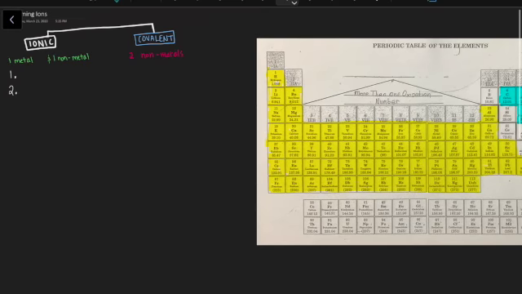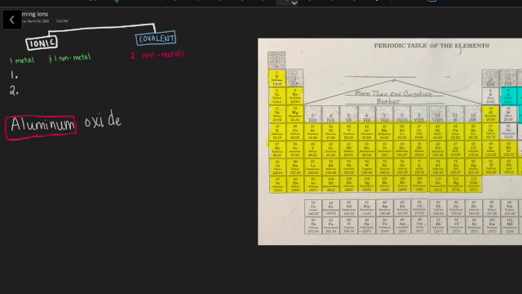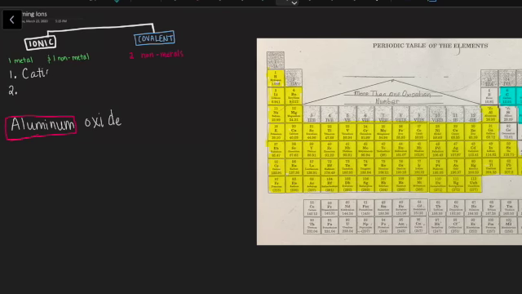And let's look at aluminum oxide. Okay, first of all, the cation, or the metal, will come first. So your step one should be cation first.